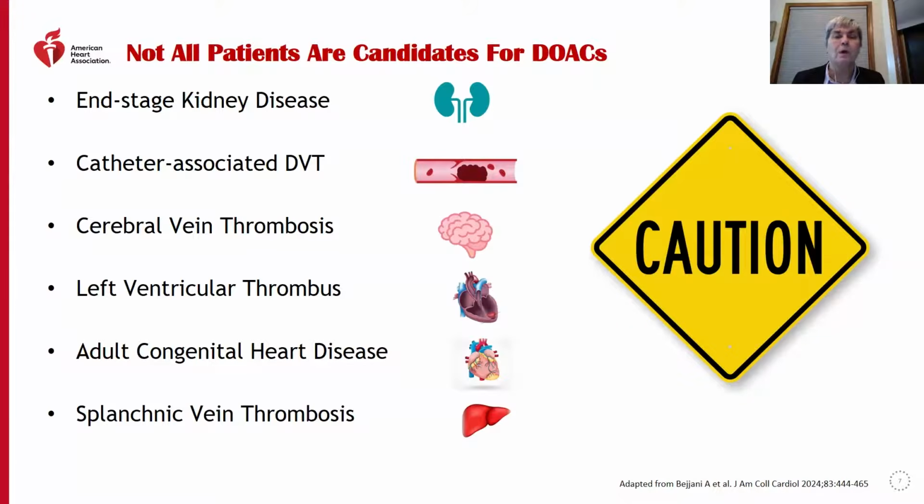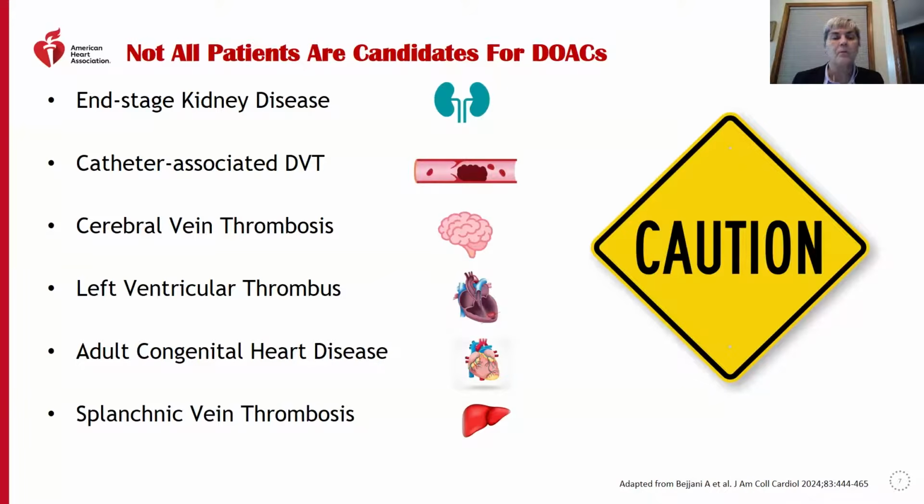When it comes to cancers, catheters, and DVT, most of the data has been done with respect to prophylaxis and preventing DVT in this population. And DOACs don't seem to necessarily prevent catheter-associated thrombosis. Cerebral vein thrombosis, we have emerging data. And I think, again, this needs to be applied on a case-by-case basis.